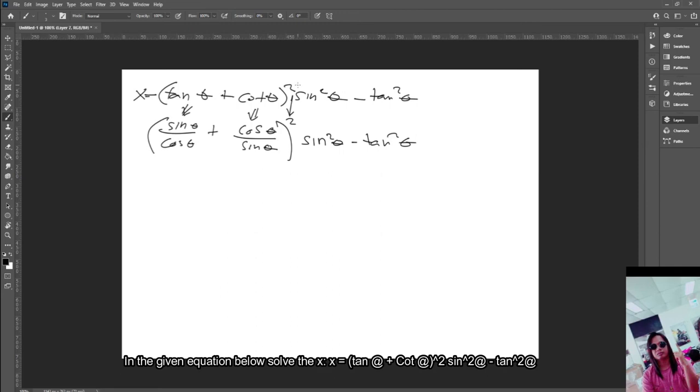So what we can do here is multiply sine squared theta plus cosine squared theta. I will write down first the sine theta, cosine theta.